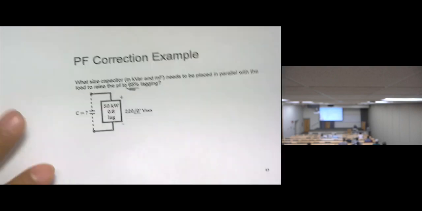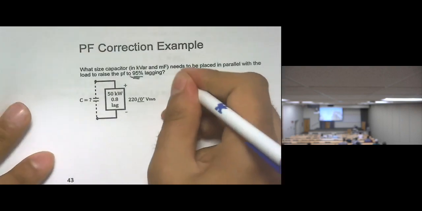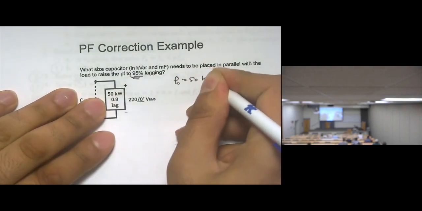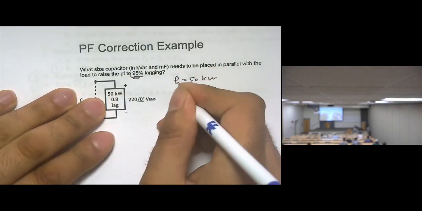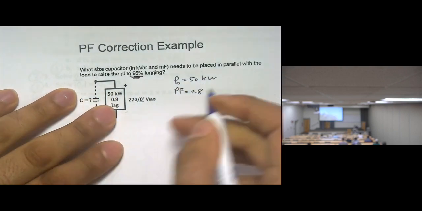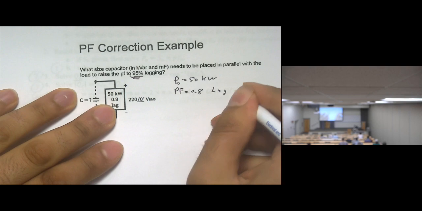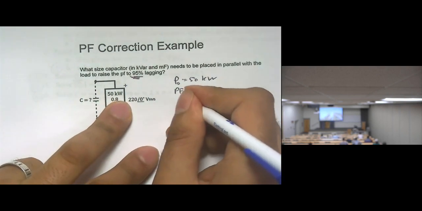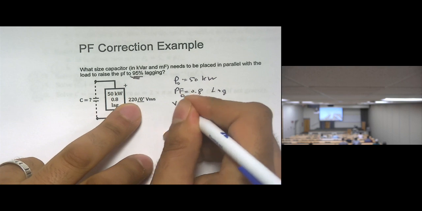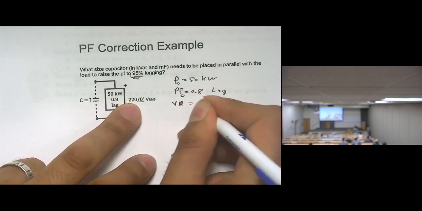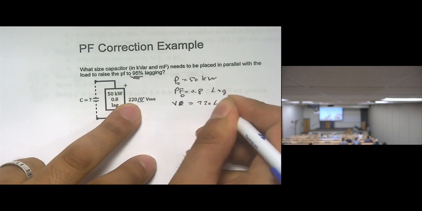So, according to these procedures, what should I do? Let's look. We have P original of the system, which is 50 kilowatts. We have the power factor 0.8. Again, 0.8 is not enough. We need to know, is it leading or lagging? It's lagging. This is the power factor original. And we have V line, or V, the voltage is 220 angle 0 degrees.